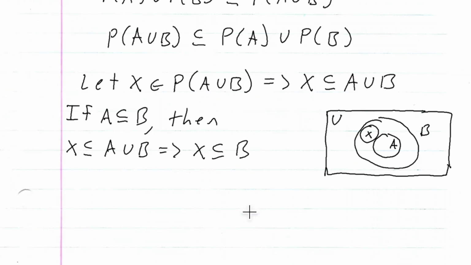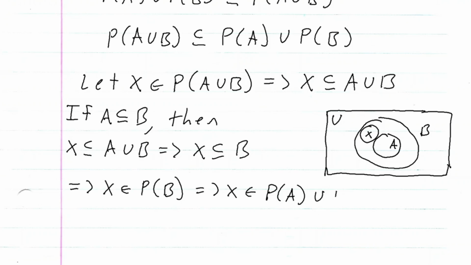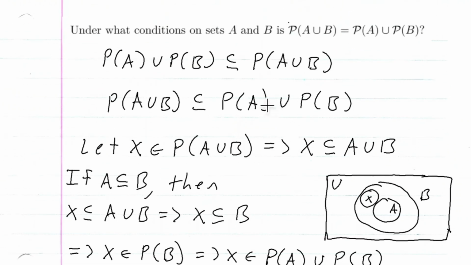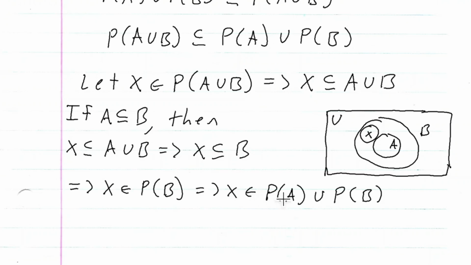And then of course, if X is a subset of B, this implies that X is an element of the power set of B, which implies that X is an element of the power set of A union the power set of B. So if we have this condition, A is a subset of B, then we're able to get from X being in the power set of A union B to X being in the power set of A union the power set of B.